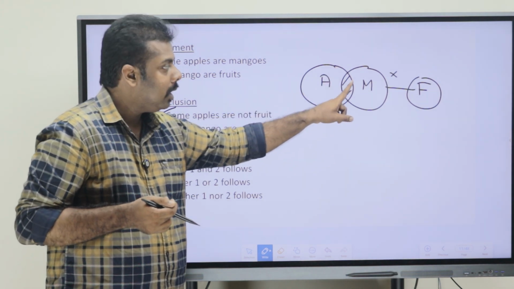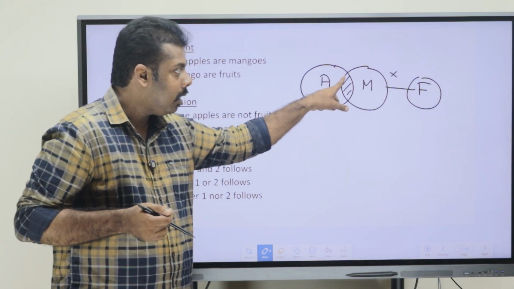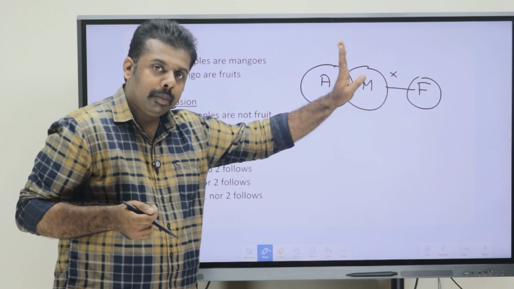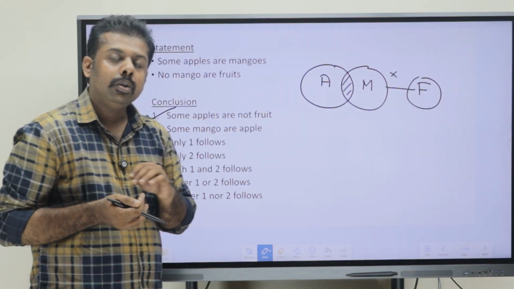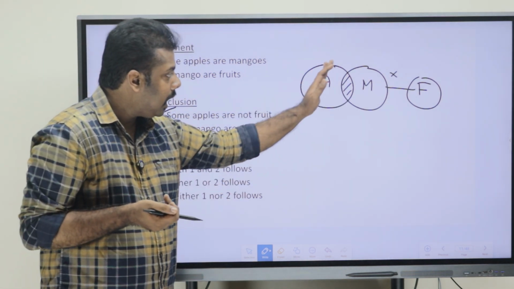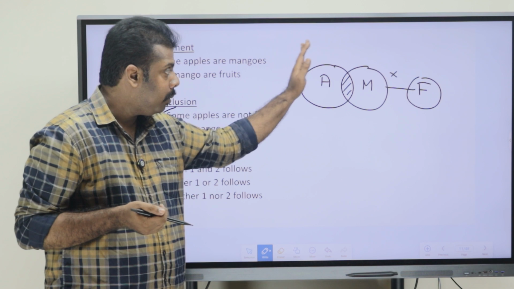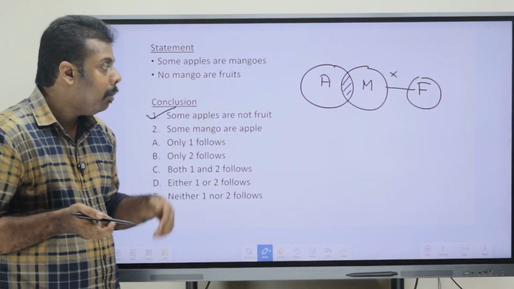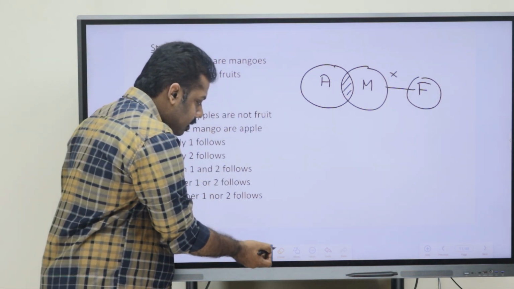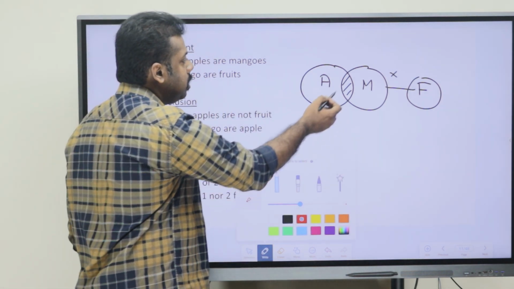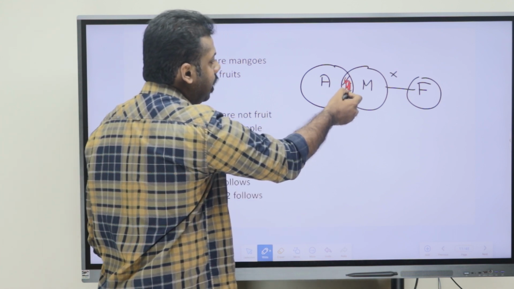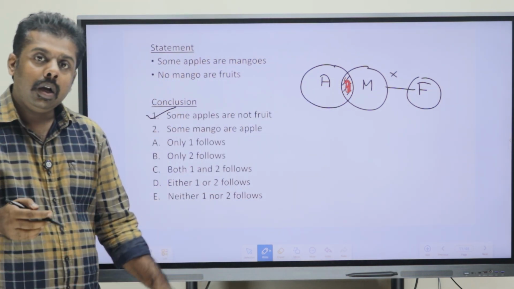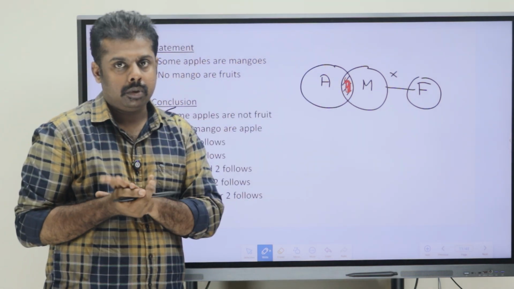Okay. So we can say that this part 100% will not be connected to the fruit part. Okay. All the other portions of A could be connected. But this common portion that is related with the mango can't be connected with the fruit. Okay.